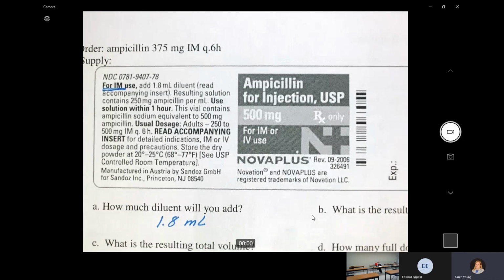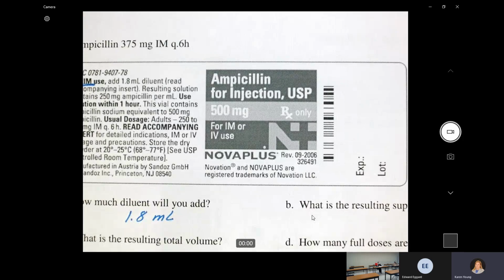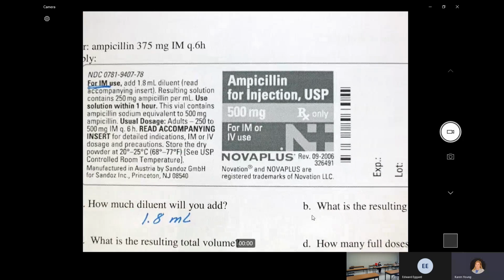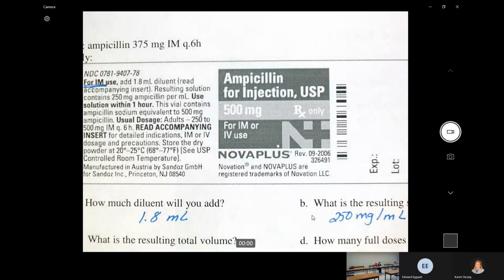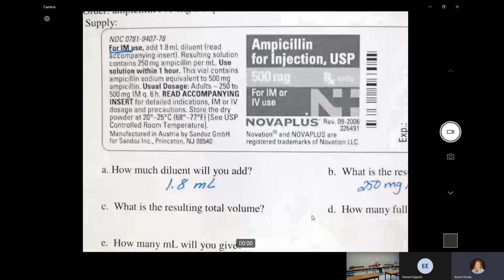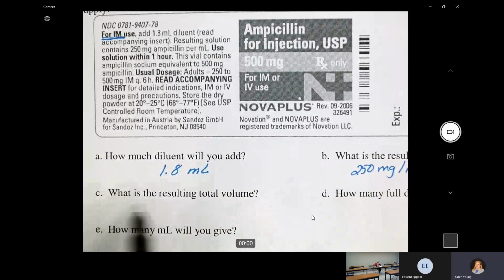All right, then keep reading. What's my resulting supply dosage? What is the dose that's going to result? Yeah, the 250 milligrams per milliliter. Before, to keep you from getting more confused, instead of looking at the resulting volume in the full doses, let's look at how many milliliters we're going to give first.